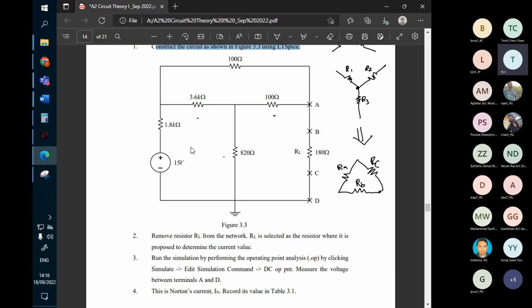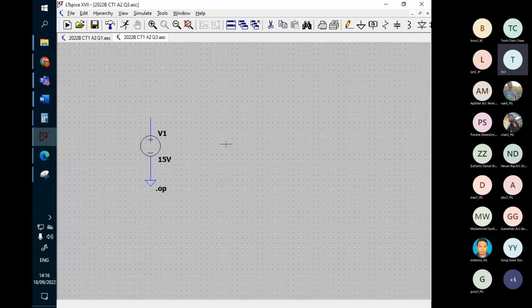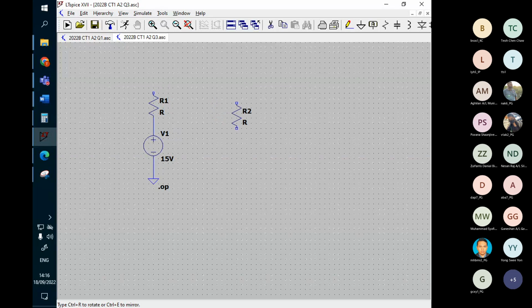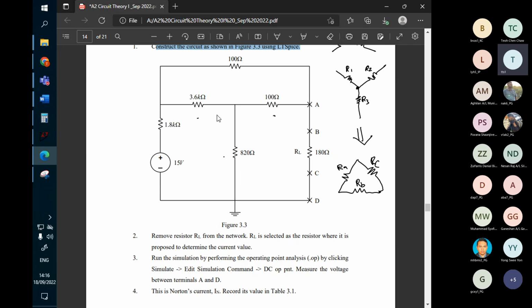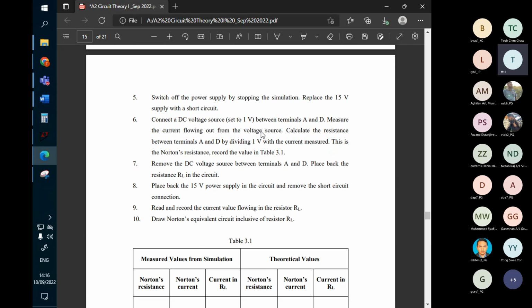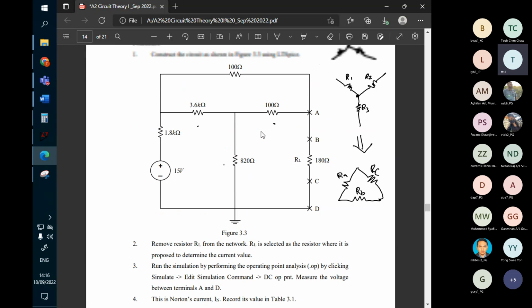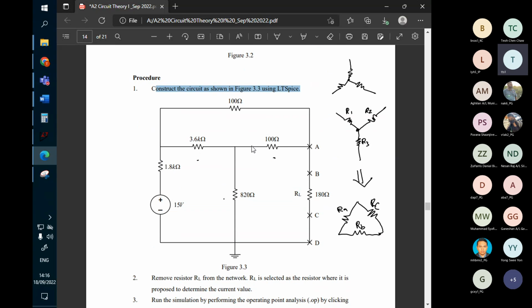Let's do it one at a time. Resistor, this is the first one. Right now we do not have R1, R2, R3 to refer to anymore, so it's okay to put them anywhere. We just name them by the value, not by a special name.